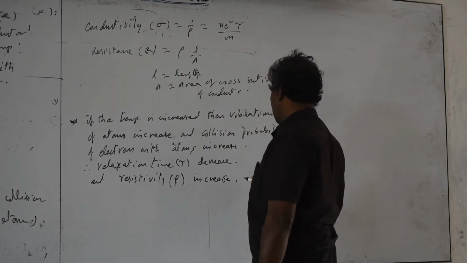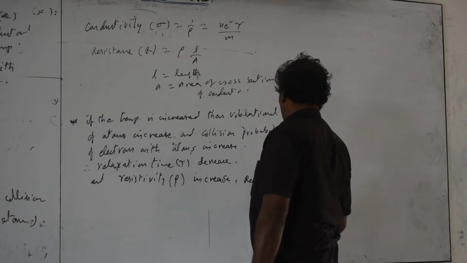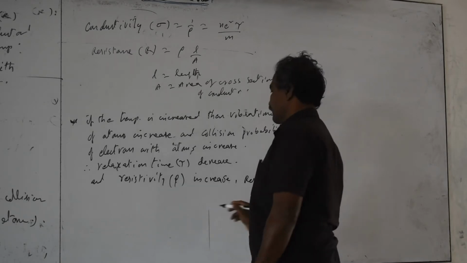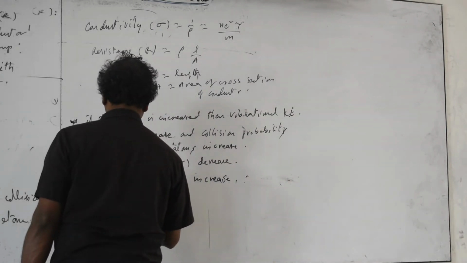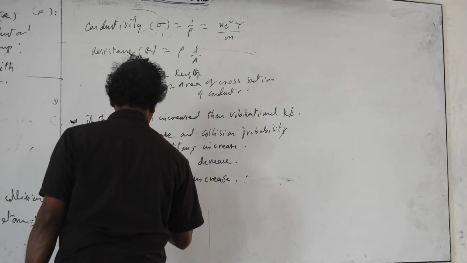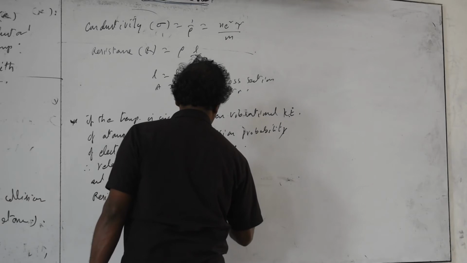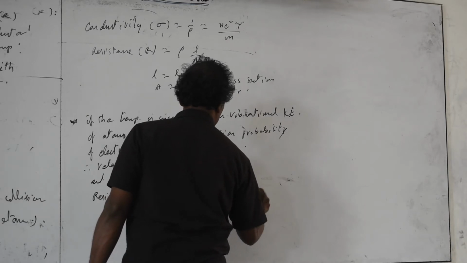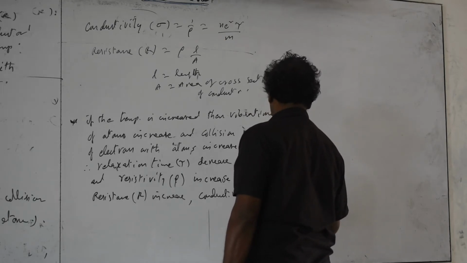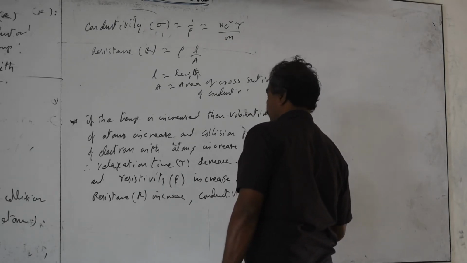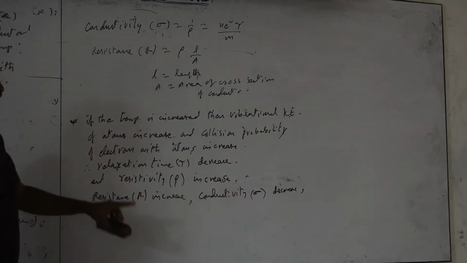Resistivity rho increases, resistance R increases, and conductivity sigma decreases. Reciprocal of resistance is conductance.